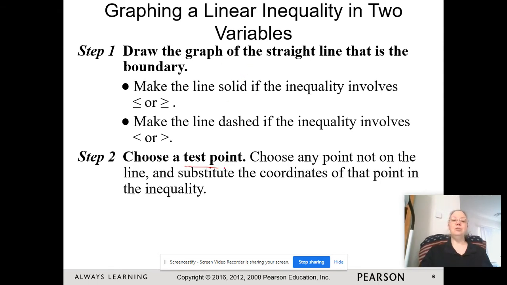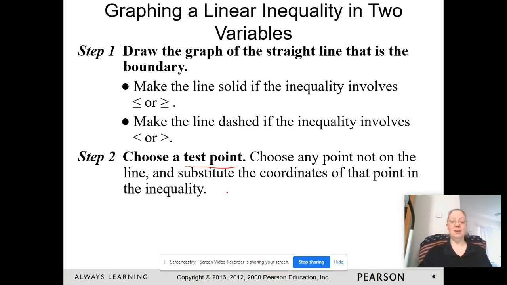Then you're going to choose a test point. We only have to choose one point to test it. It's either going to solve the inequality or it's not going to solve the inequality. If it solves it, that's great. Then everything on that side of the boundary will also be a solution to the inequality.